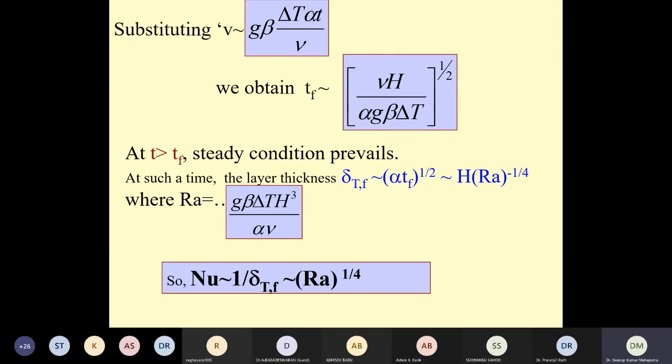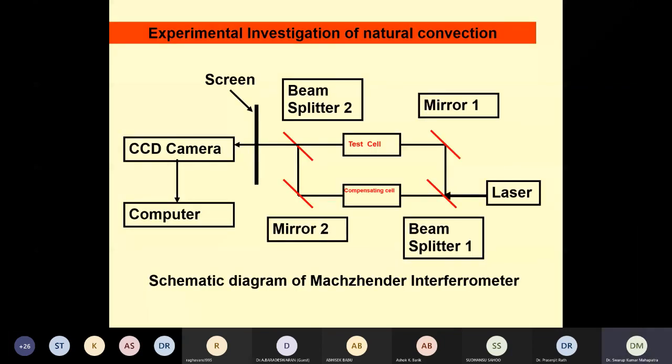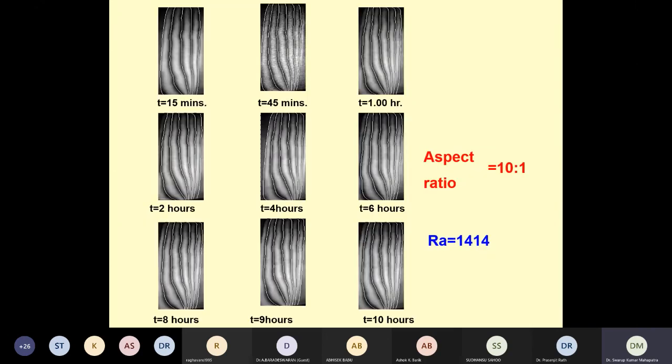Therefore, we also conduct experimental investigation of natural convection, and these are the setups with a Mach-Zehnder interferometer. We have one in IIT Bhubaneswar, and IIT Kanpur also has a Mach-Zehnder interferometer setup, which helps us find the temperature distribution inside the domain.